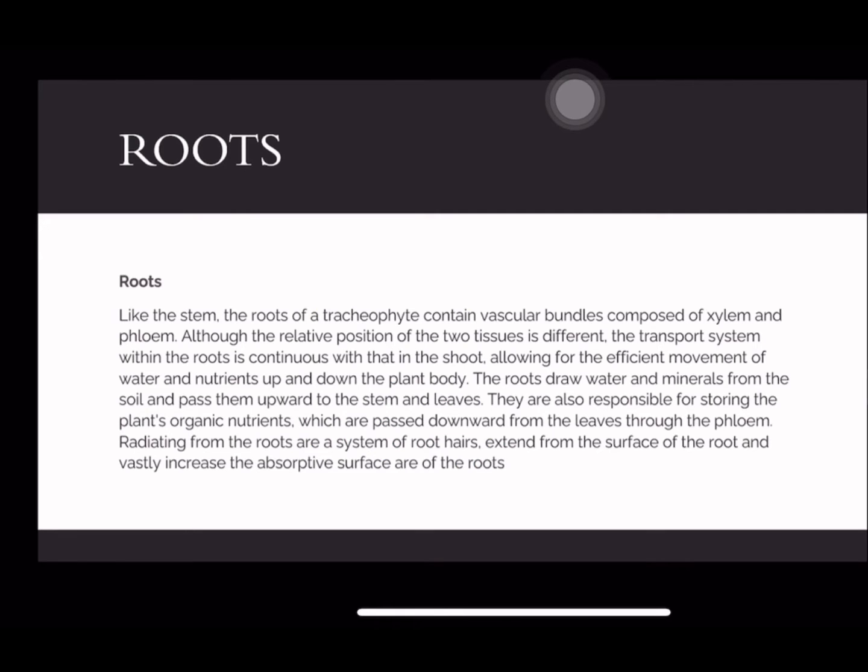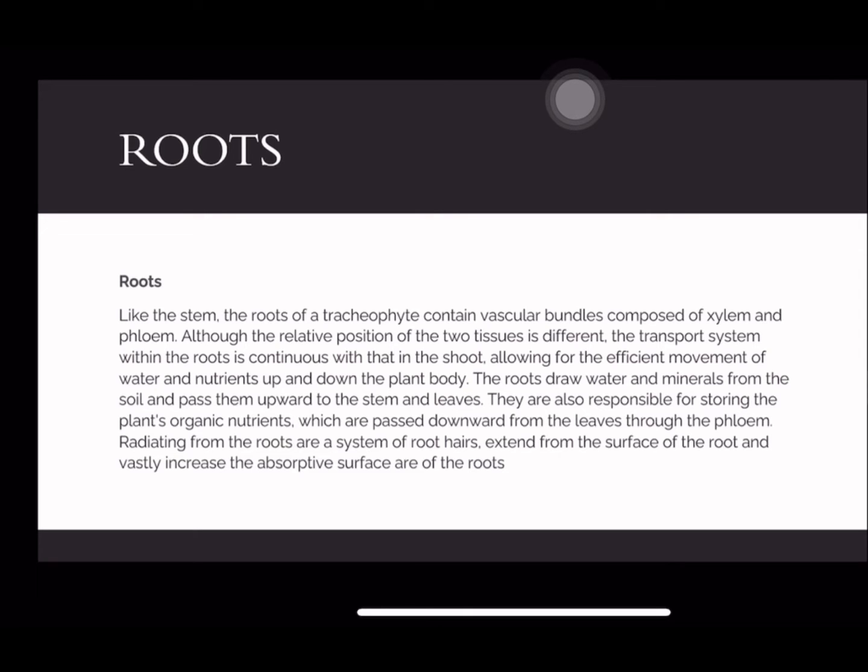Root: like the stem, the root of Tracheophyta contains vascular bundles composed of xylem and phloem. Although the relative position of the two tissues is different, the transport system within the root is continuous with that in the shoot, allowing efficient movement of water and nutrients up and down the plant body.